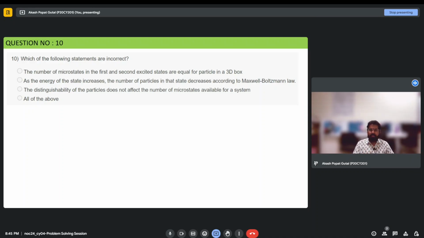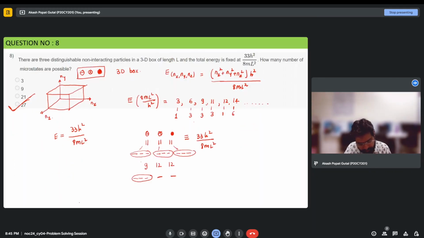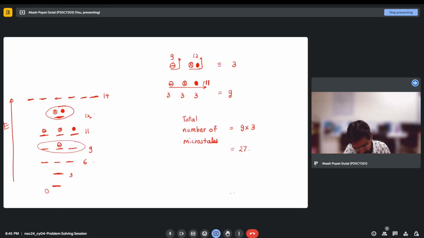So let's solve, because we have less time. The number of microstates in the first and second excited states are equal for a particle in a 3D box. In the previous question, we have seen that this is your first excited state, and this is your second excited state.